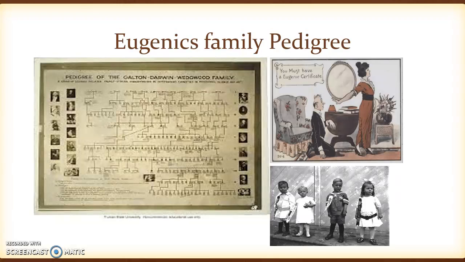On the other hand, very popular became the negative measures of negative eugenics that were forced sterilization, immigration restrictions, and also marriage restrictions.